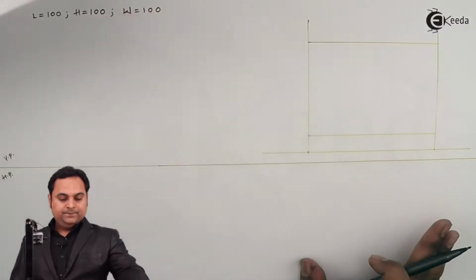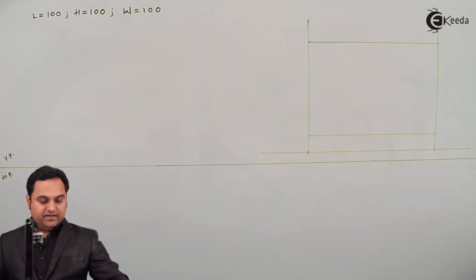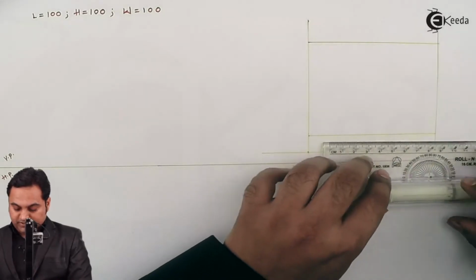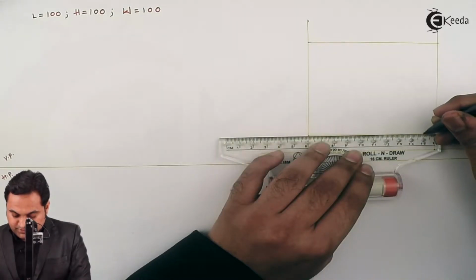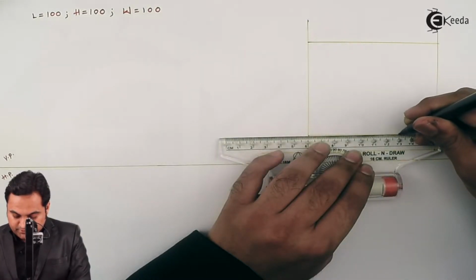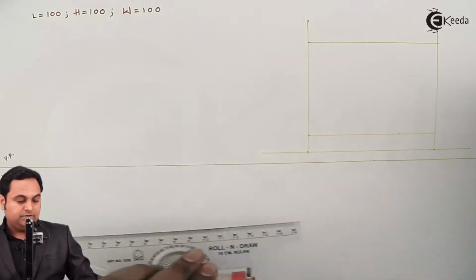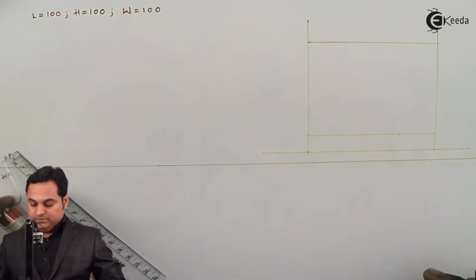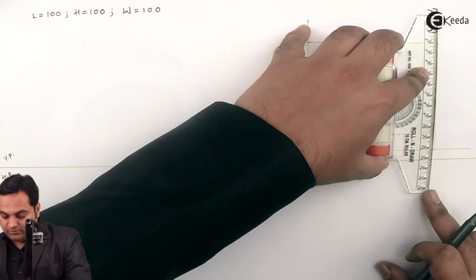So for that, I'll measure 30 mm from the right hand side. So here this is 10, 20 and 30. 30 mm from the right hand side, drawing a light vertical line through it.